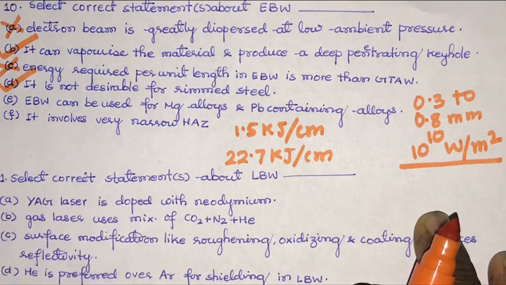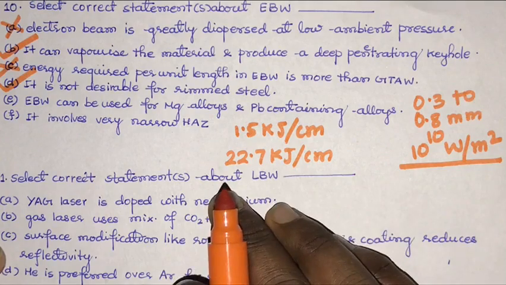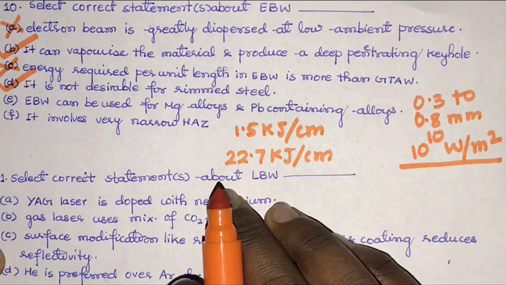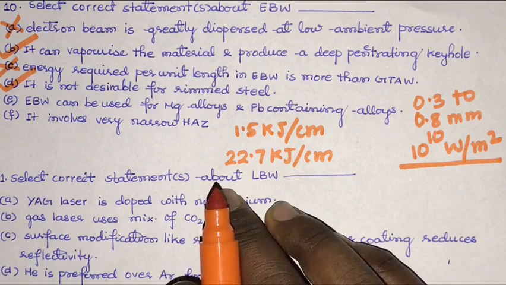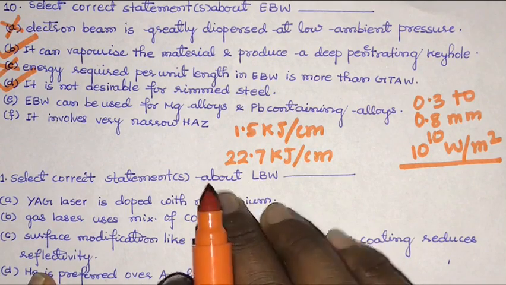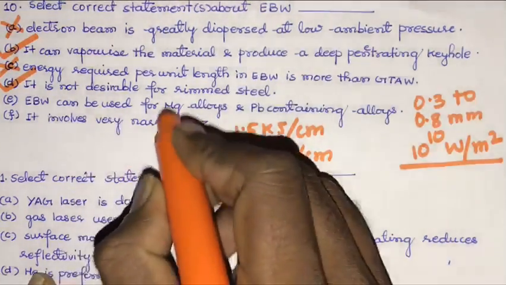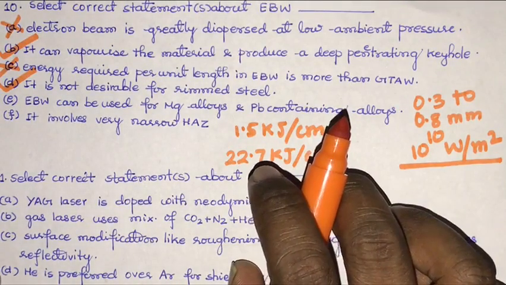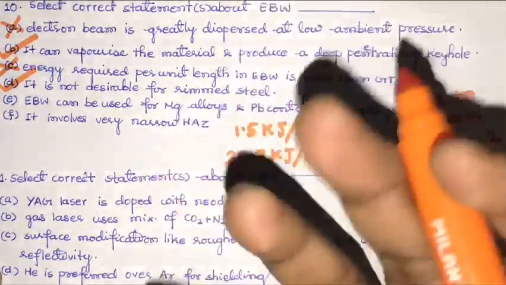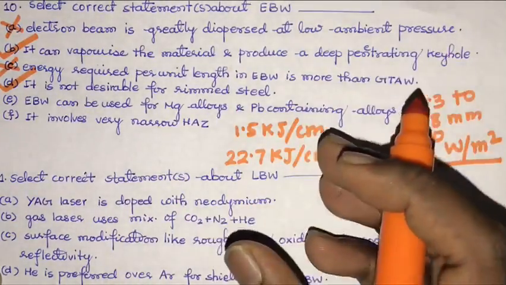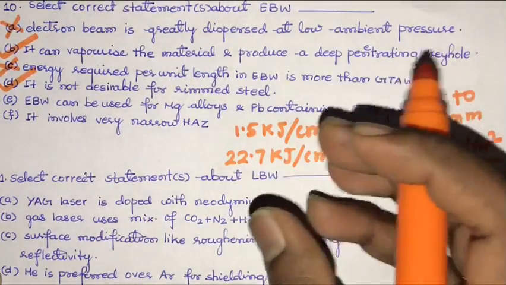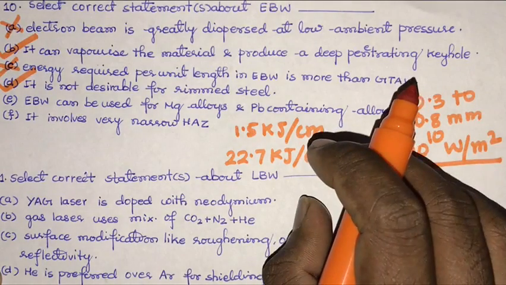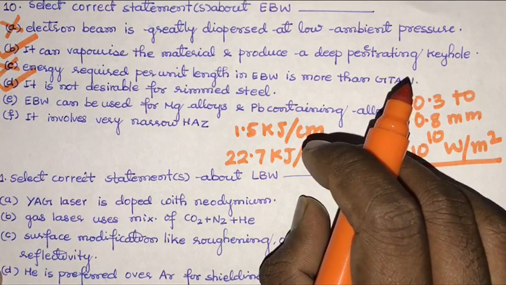Coming to the next, electron beam welding can be used for magnesium alloys and Pb containing alloys, that is the lead containing alloys. We know that magnesium and lead have very low melting and boiling points, so they can easily get vaporized, and their vapors can fall into the pump and contaminate the vacuum system of electron beam welding.